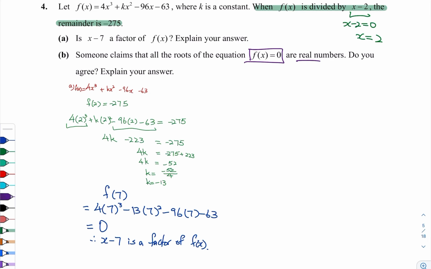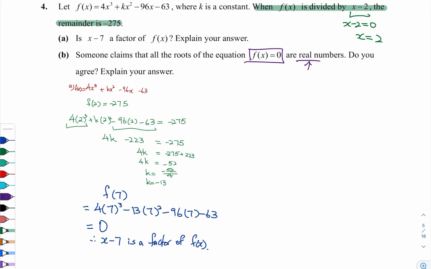Let's see. So, how do I know if there is a real number or not? Basically, after doing the long division and factorization, if you can get proper answers, then it is a real number.